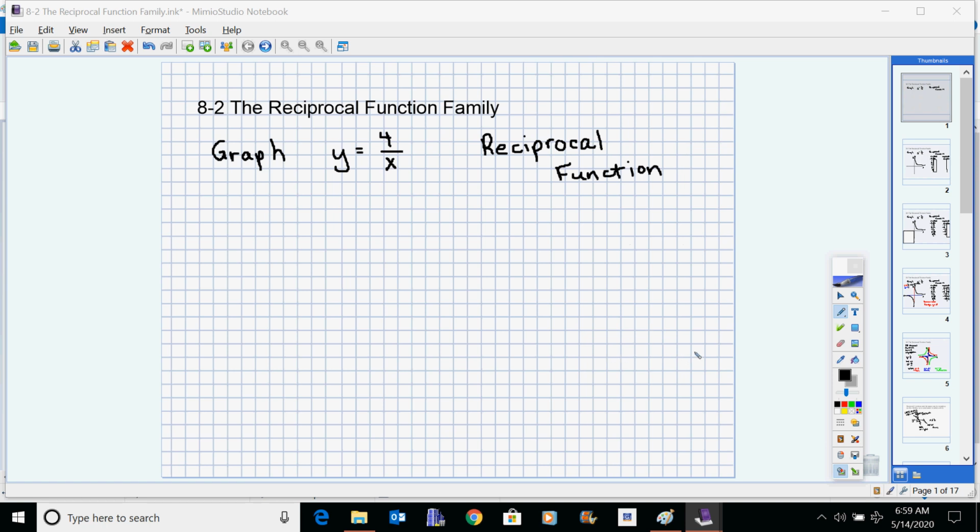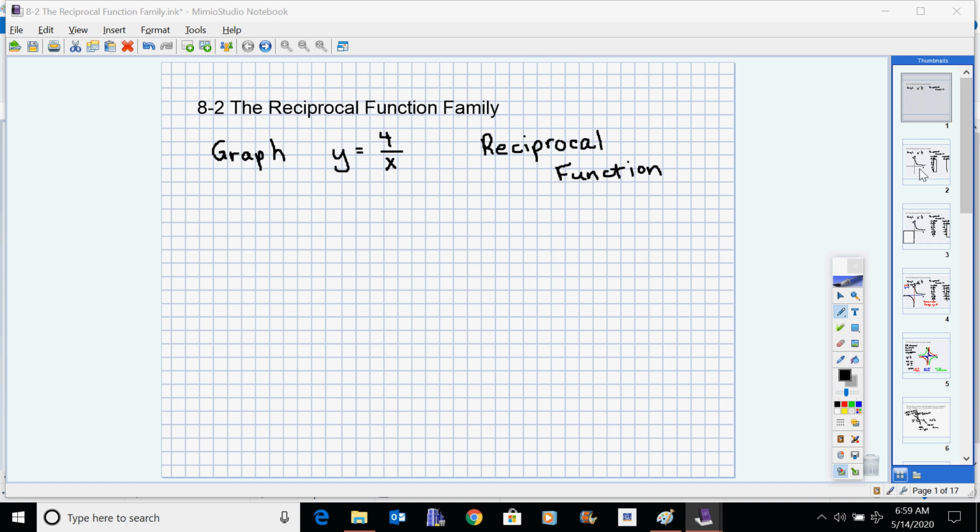And so we've had a whole bunch of different shapes, and this is no exception when you have a reciprocal function. In other words, you've got y equals something over an x. Now it's not an x to a power, but just something over an x. We have what we call a reciprocal function.